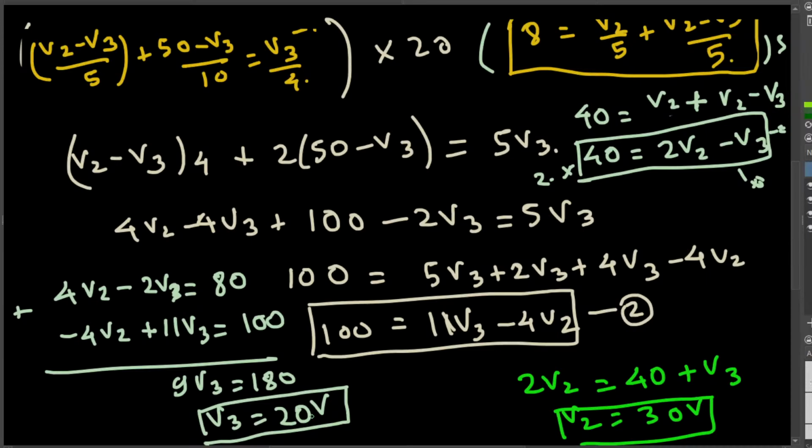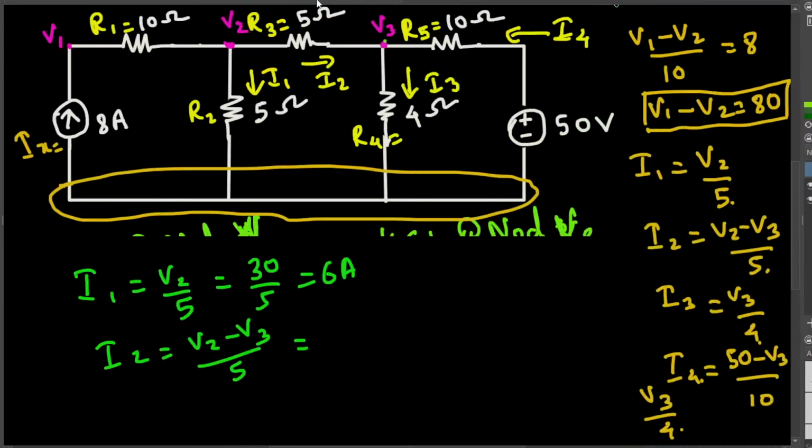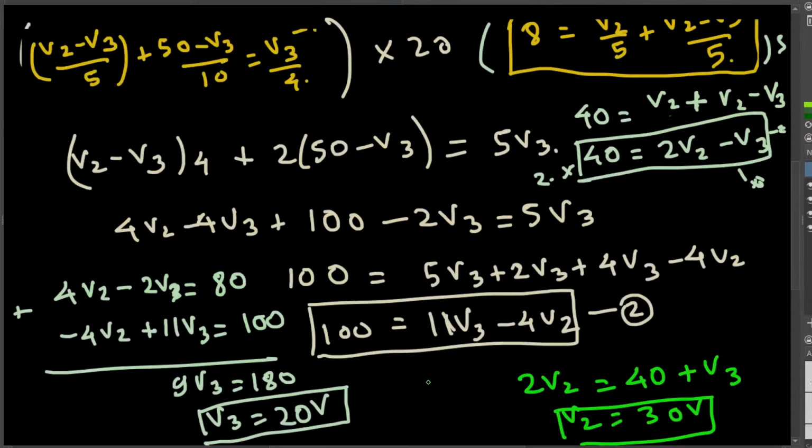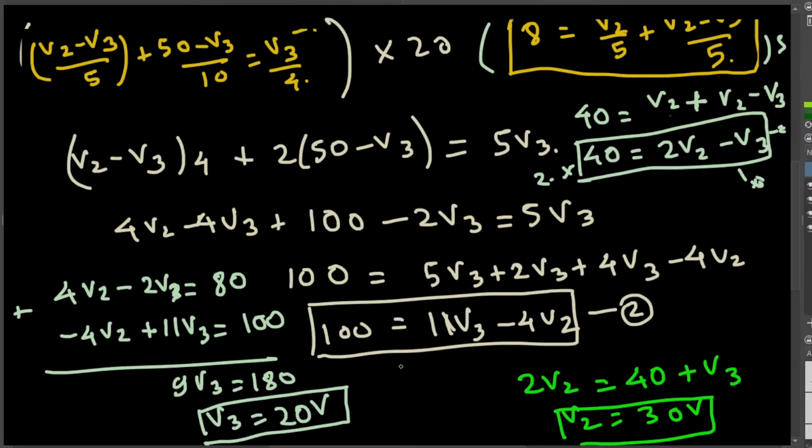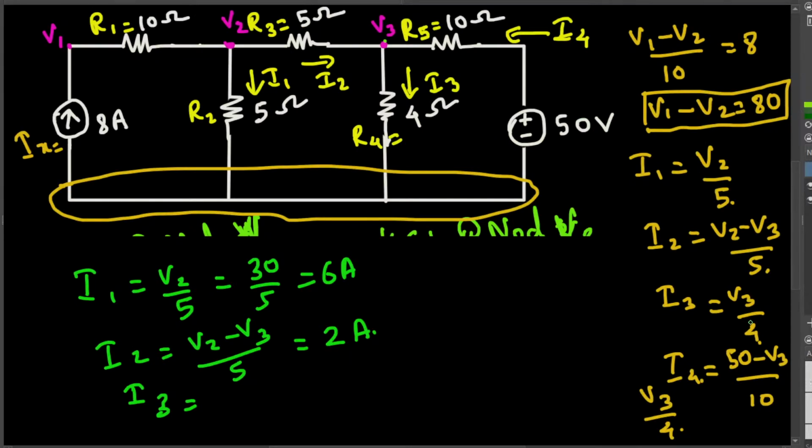So 30 minus 20 divided by 5. 30 minus 20 is 10, divided by 5, that's 2 amperes. And then I3 is V3 divided by 4. V3 is 20 volts. 20 divided by 4, that is 5 amperes.